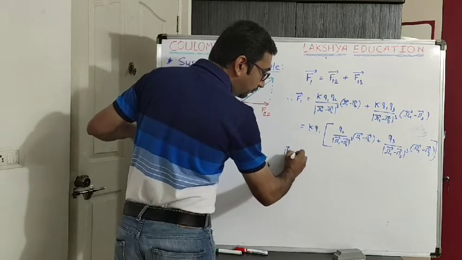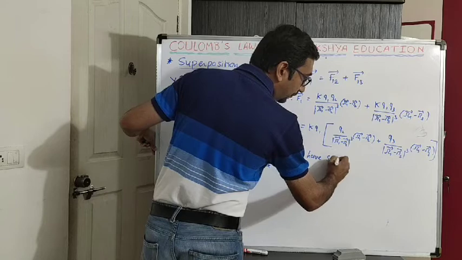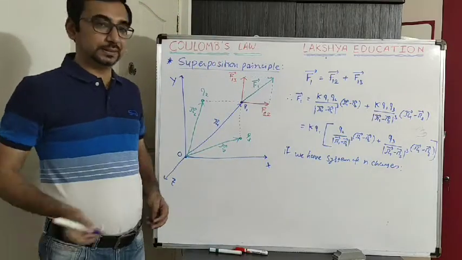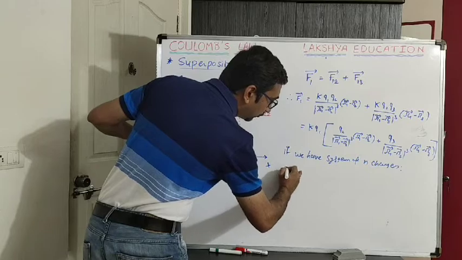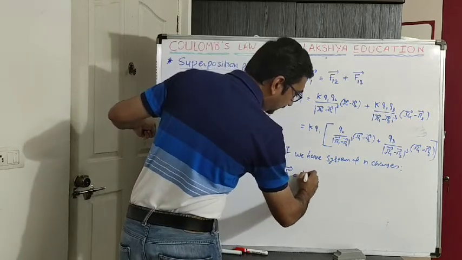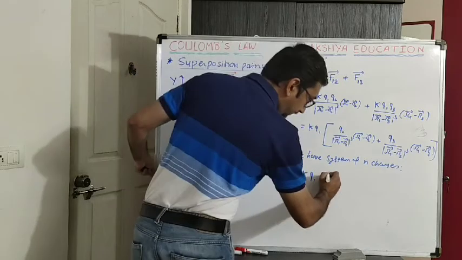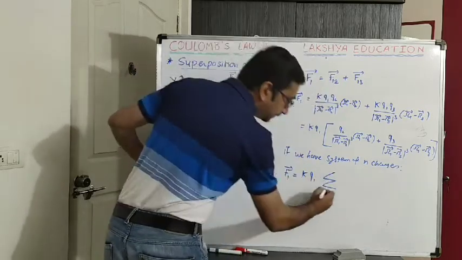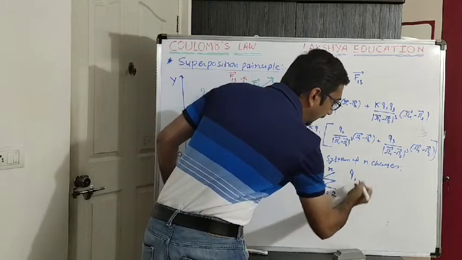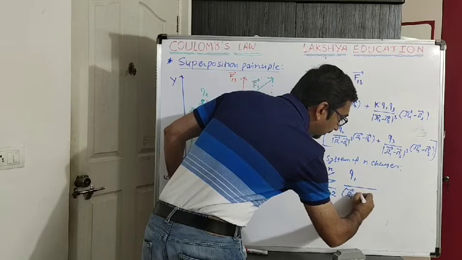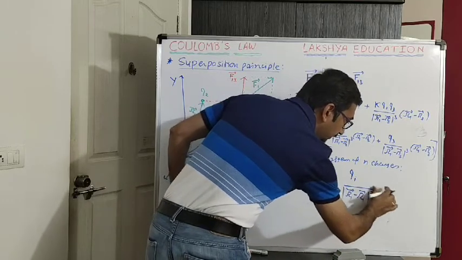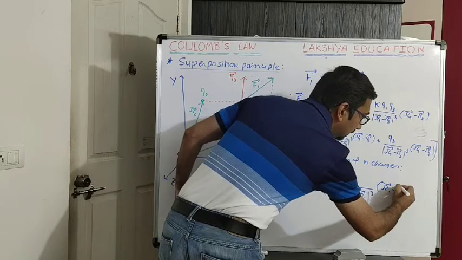Similarly, if we have a system of n charges, then the force acting on, suppose, the first charge due to the remaining other charges is F1 is equal to K into Q1, then summation i starts from the second charge to the n-th charge, Qi upon |R1 minus Ri| cube, in bracket (R1 minus Ri).